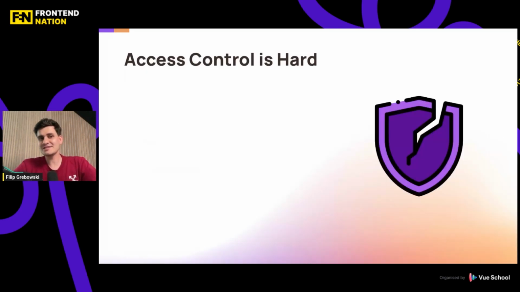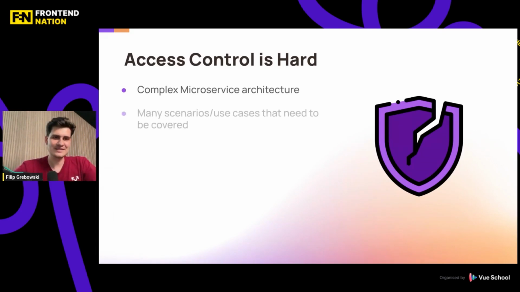Well, there's a few things in regards to why access control is hard. First of all, we moved from monolith to very complex microservice architectures. We're dealing with a lot of containers, and how do we manage the permissions for those? Well, that's another barrier that we have to face. Then there's many scenarios or use cases that need to be covered. Different departments reach out to us, and they ask us to implement some permissions, and we have to satisfy those.